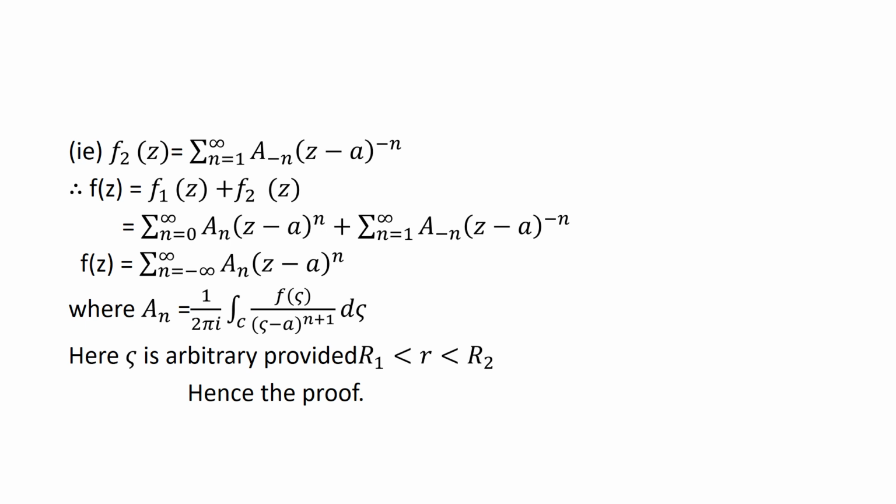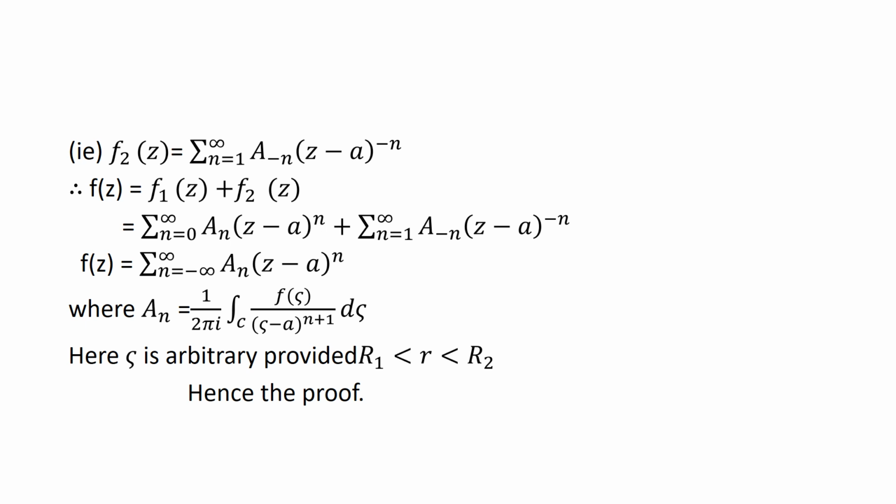Now you substitute f1 and f2 in f. So we get f of z is f1 of z plus f2 of z, where f1 of z is summation n varies from 0 to infinity a_n into (z minus a) power n, plus f2 is summation n varies from 1 to infinity a_minus n (z minus a) power minus n.